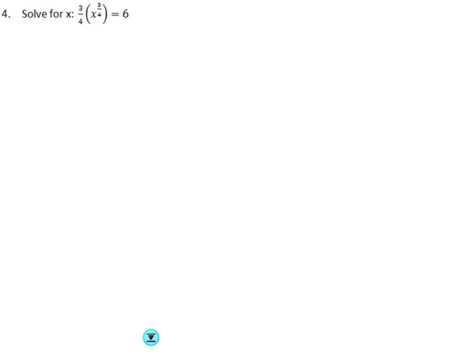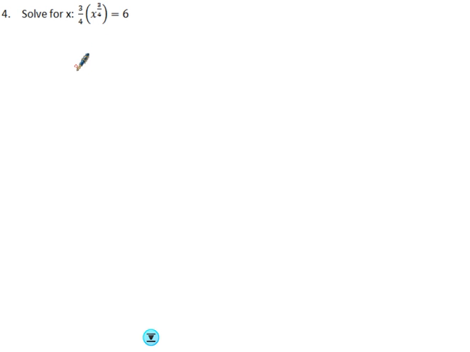On number 4, solve for x if you have 3/4 times x to the 3/4 is equal to 6. So a little bit of an algebra problem here. What I would do is get rid of this first 3/4. The coefficient's 3/4, opposite of multiply by 3/4. A lot of people say divide by 3/4, but I would count that as multiply by the reciprocal of 4/3.